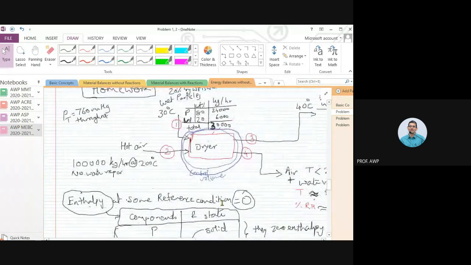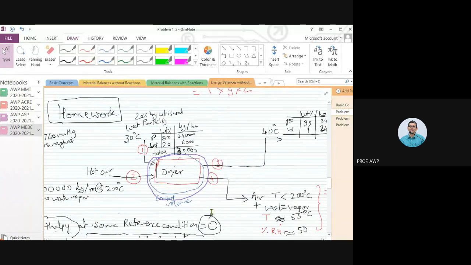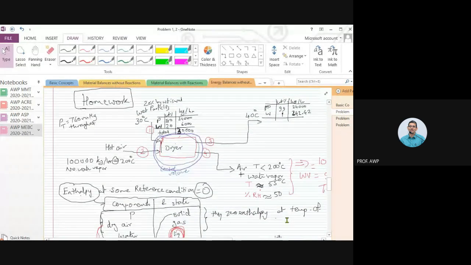Whereas when we did enthalpy balances without reactions, whether it was a dryer problem or a cooling tower problem, when no reaction was happening, molecules were not disappearing. Whatever water was there, either in the liquid form or in the vapor form, liquid was changing to vapor without changing its chemical composition, right?